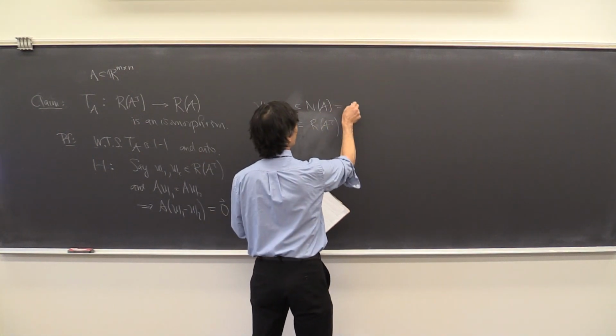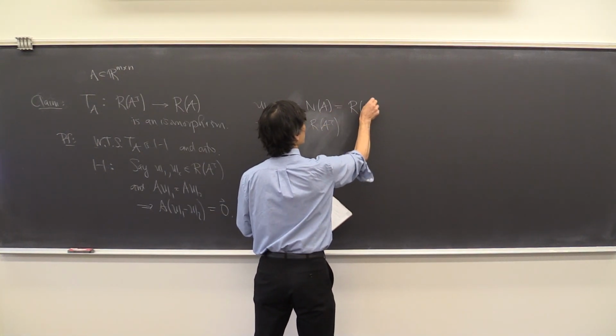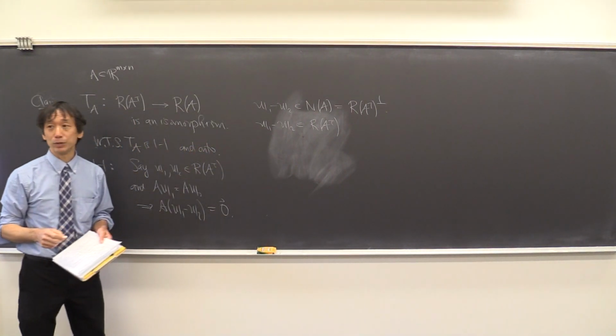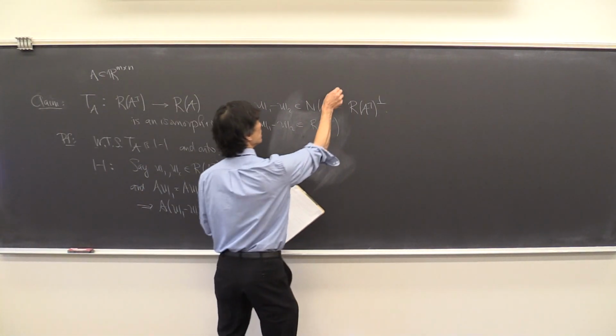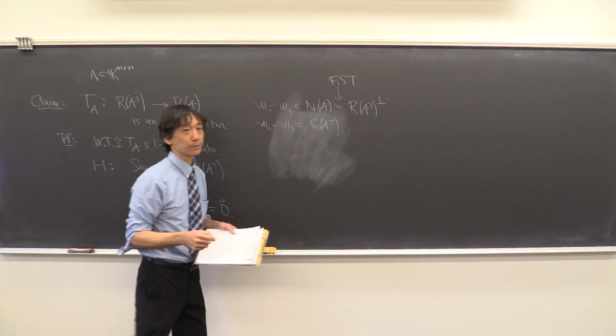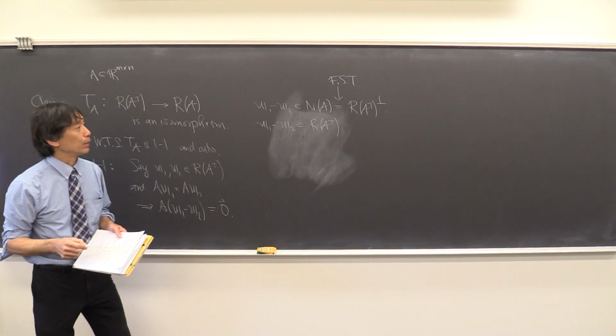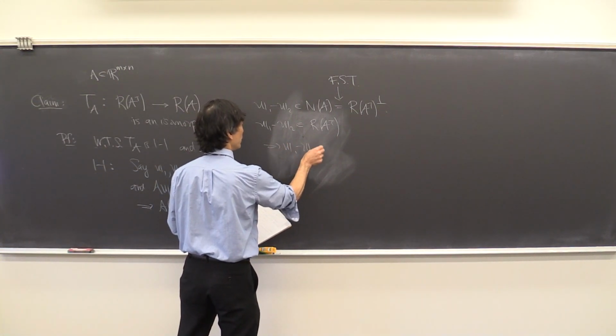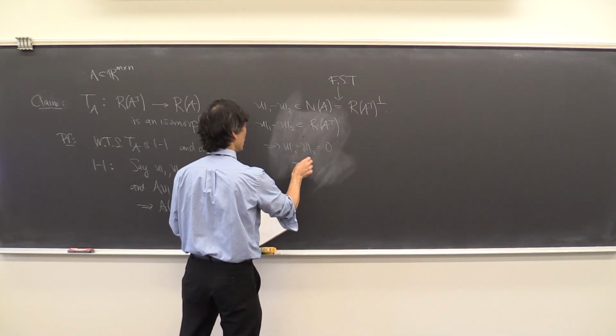And remember, by the fundamental subspaces theorem, the null space of A is the orthogonal complement of the range of A transpose. But that means U1 minus U2 must be 0, and so U1 equals U2.